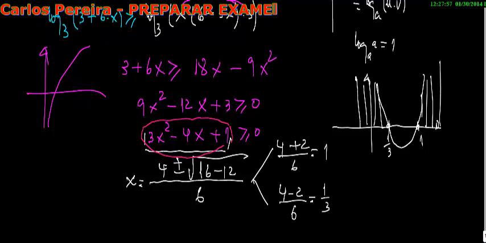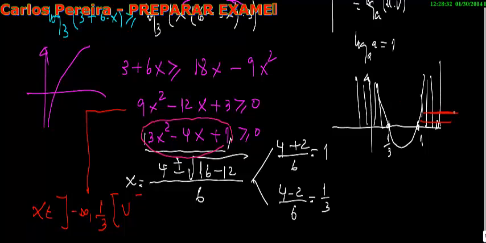Are you understanding? So the solution of this inequality will be x belongs to the interval from minus infinity to 1 over 3, and I'm going to make a union with the other interval, that is this one over here.